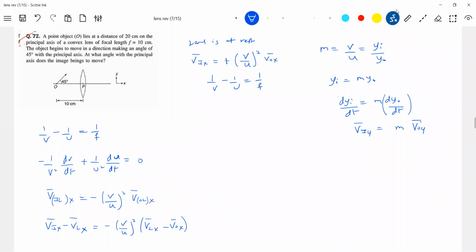So what is VOy? What is the horizontal component of velocity? VOx should be equal to the velocity of the object, we'll call it v naught: v naught cos theta. VOy will be v naught sin theta.